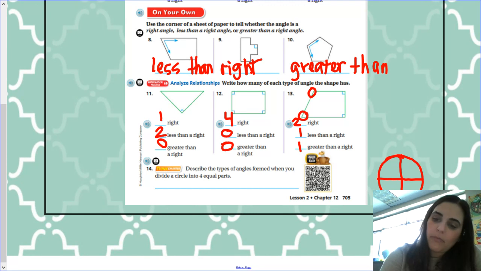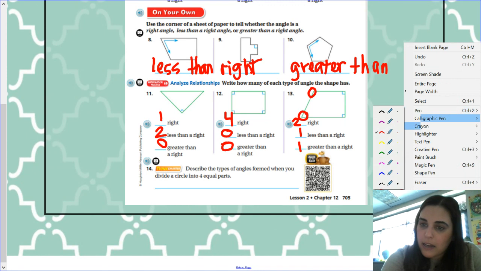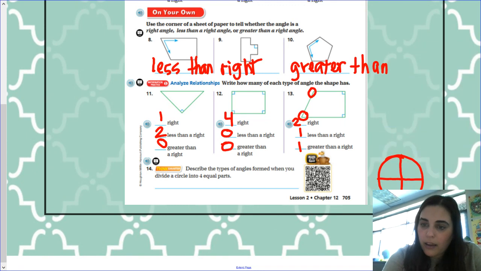I'm going to change the color of my pen. Okay, so we just made 4 angles right in the center because remember, angles are made from line segments. And line segments cannot be curved. They always have to be straight.